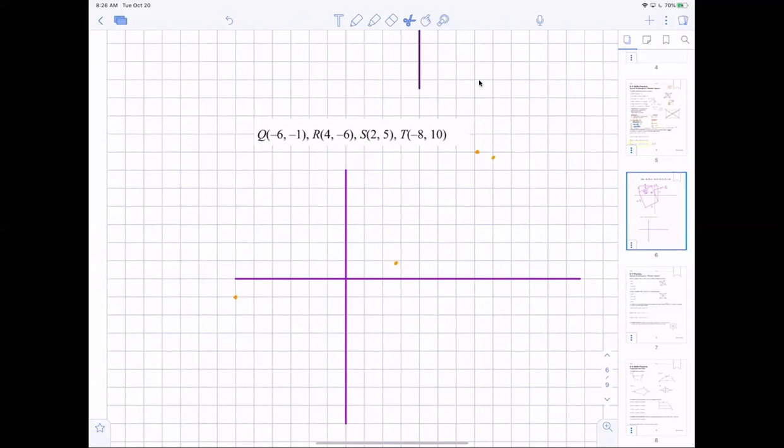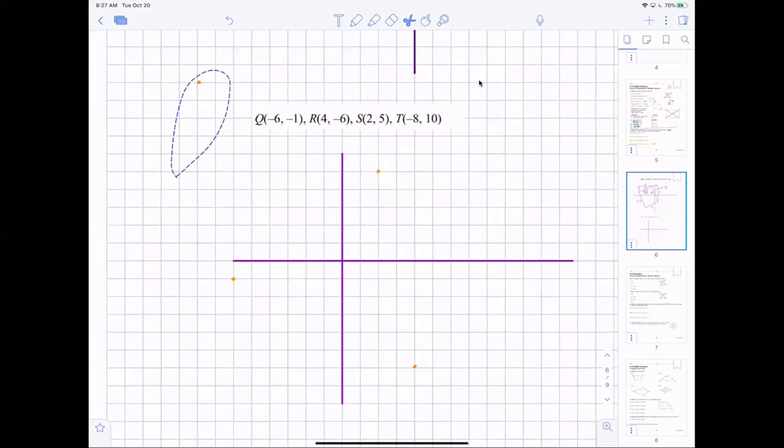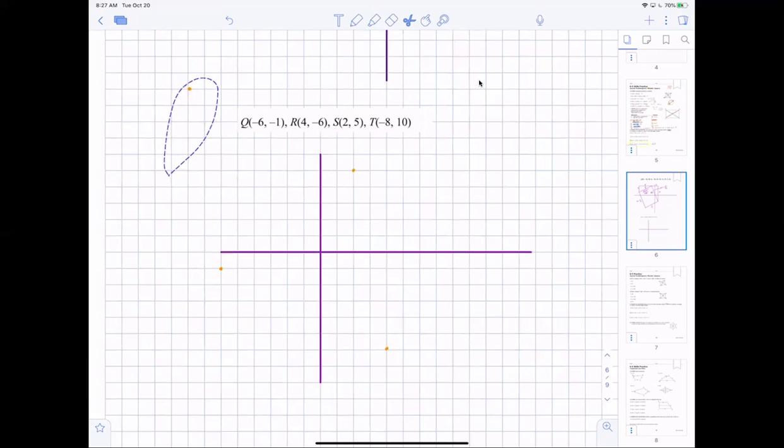Four, -6. Is that what you guys got? I feel like I'm not plotting points right today.